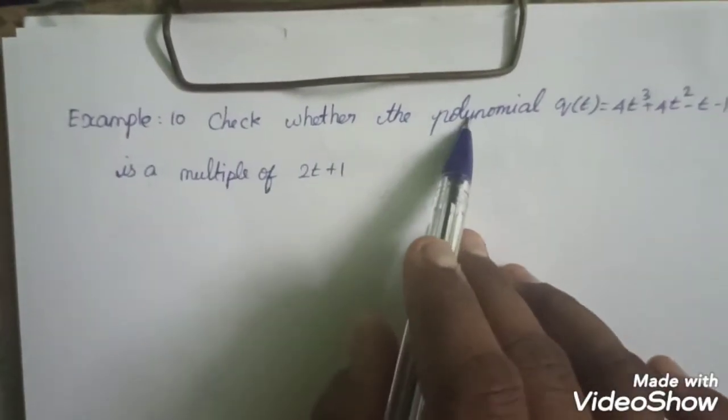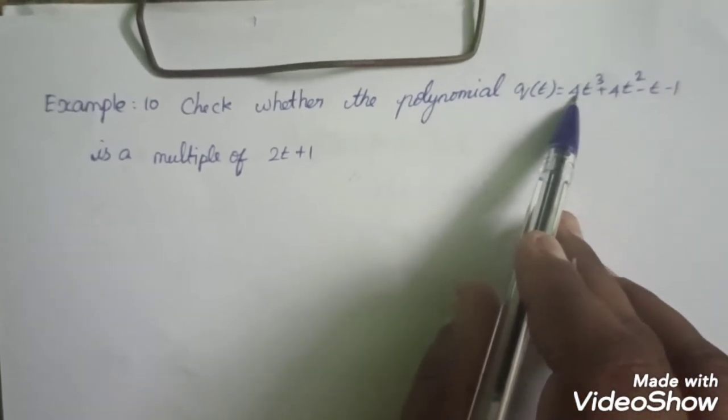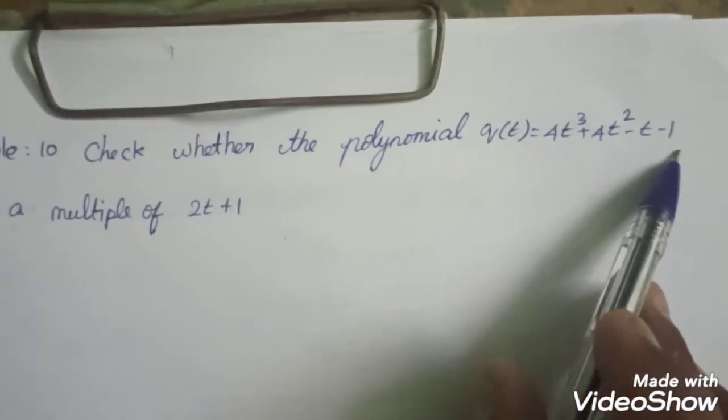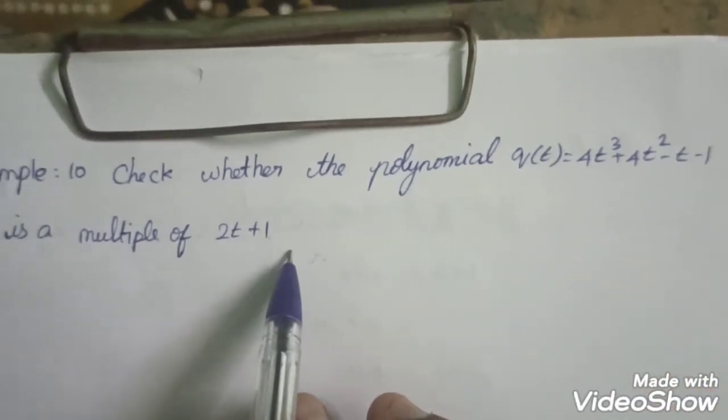Check whether the polynomial q of t which is equal to 4t cube plus 4t square minus t minus 1 is a multiple of 2t plus 1.